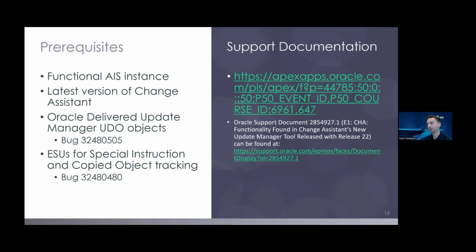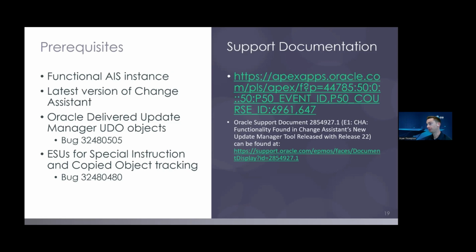So keep that in mind. You do need the latest version of Change Assistant. That should auto download for you. So pretty much whenever you start it up, it's going to go and retrieve the latest version. So that's not as big of a deal. If you have not installed that before, there is a support doc out there on where to download, prereqs, et cetera. We're not going to cover that in this call.